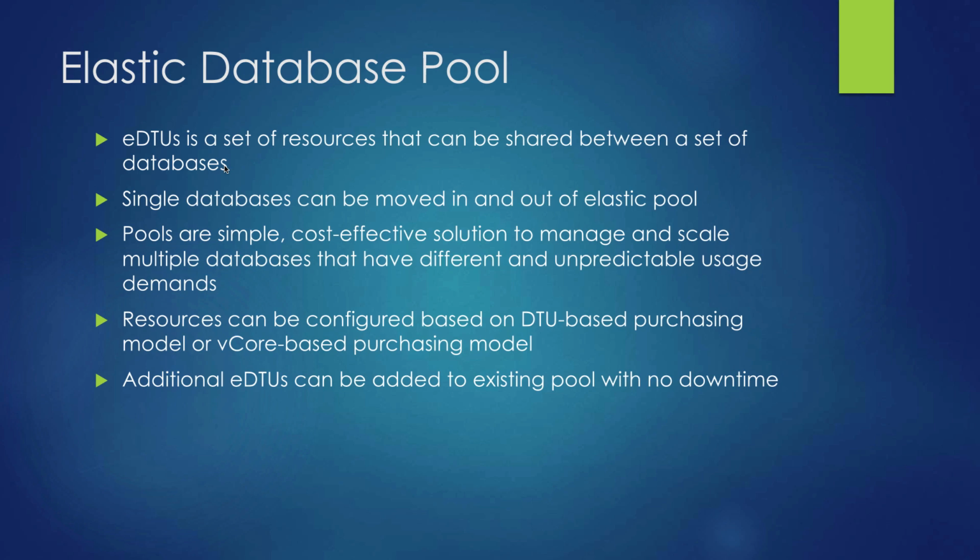It's a very cost-effective solution to manage and scale your multiple databases that have different workloads. The resources can be configured based on the DTU pricing model or the vCore based model. Additional eDTUs can be added to your existing pool with no downtime from the SQL Server.